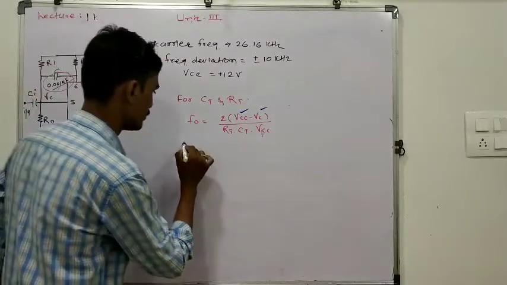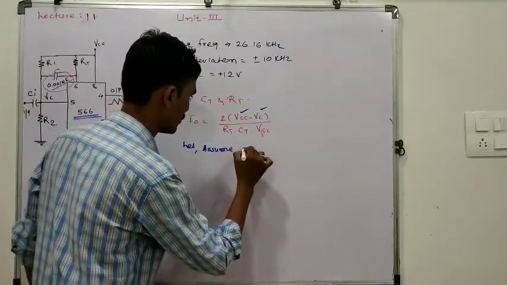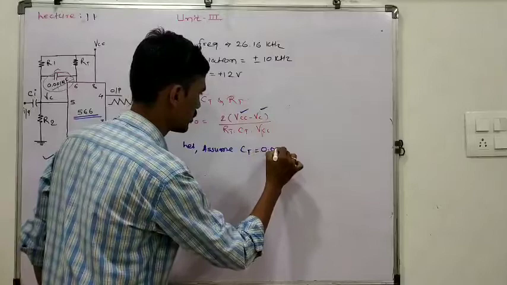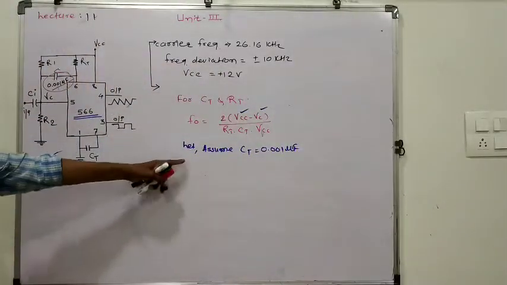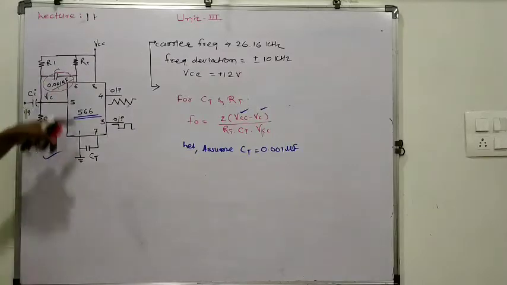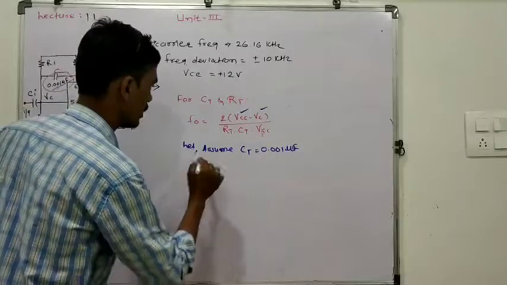So there are two unknowns again, that is RT and CT. So let us assume CT is equal to 0.001 microfarad. So here also we are assuming the value of CT. CT is equal to 0.001 microfarad. So there is only a single unknown, that is RT.